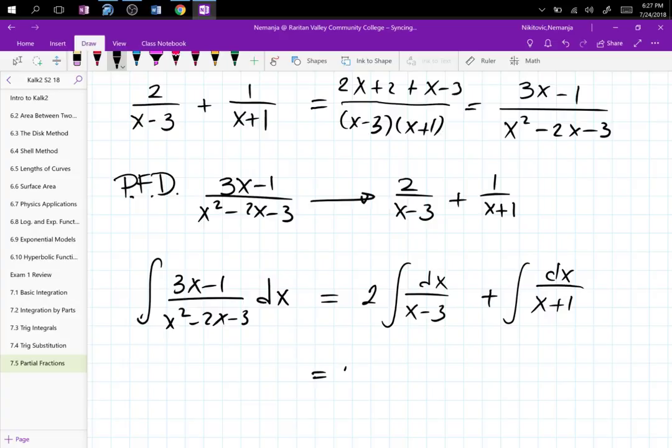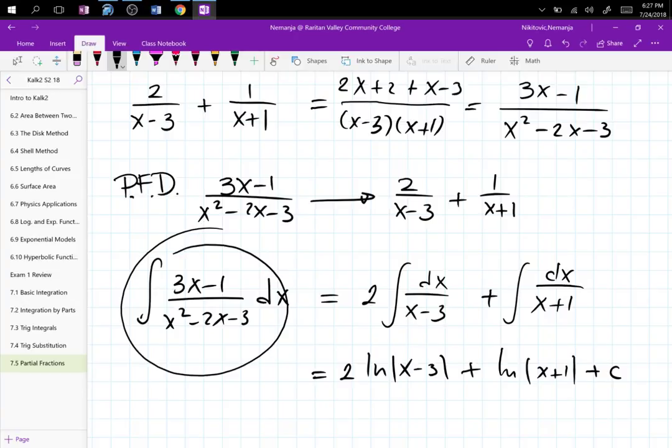Each one of these is ln. So 2 ln of the absolute value of x minus 3 plus ln of x plus 1 plus c, and you're done. So this procedure that we are going to talk about, the partial fraction decomposition, is necessary because it makes possible some of these problems that we can't solve otherwise.